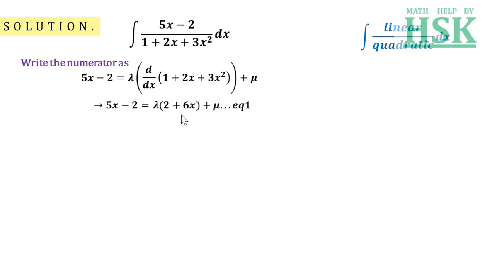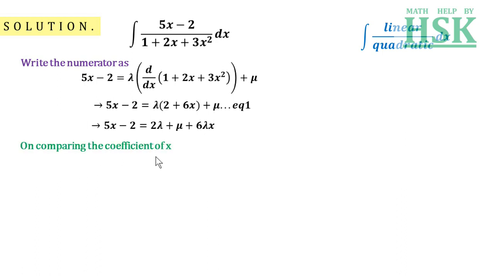Okay. Next, I am going to separate the constant terms and the variable terms on the right hand side to obtain the expression 5x minus 2 is equal to (2 lambda plus mu), which are my constant terms, plus 6 lambda x, which are my variable terms. Okay.